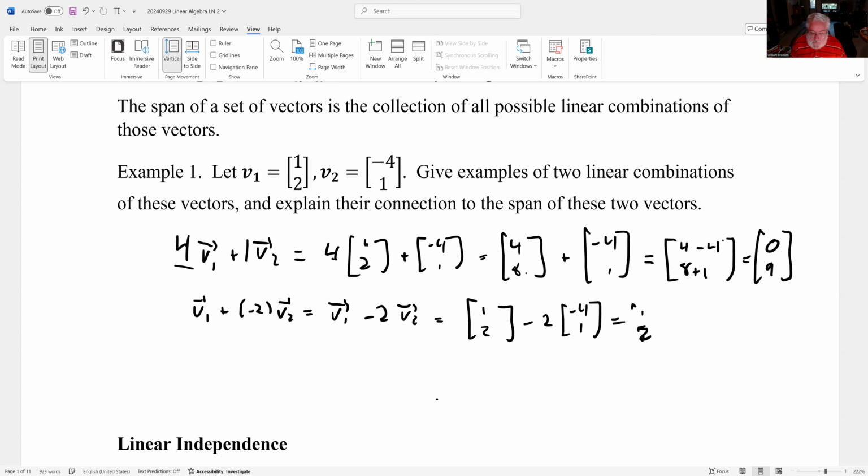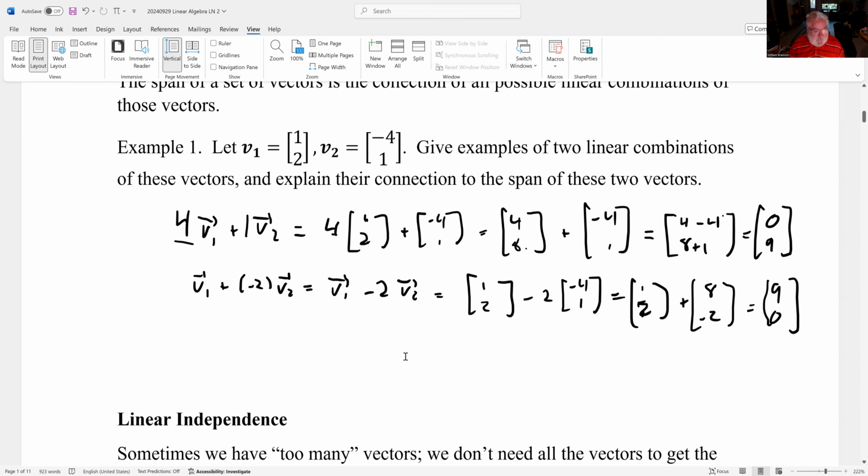Plus, I'm just going to pull the whole minus 2 in there. So 8 minus 2 equals 9, 0. And so there's how we add those up. So these are two vectors that are in the span of these two vectors. 0, 9 and 9, 0 are vectors that are in the span of these two because they're a linear combination of v1 and v2.